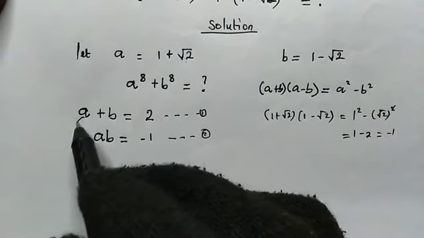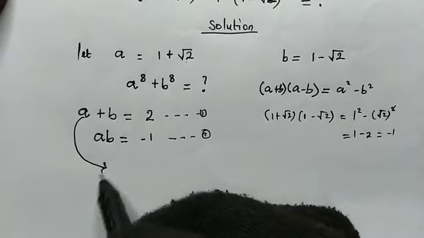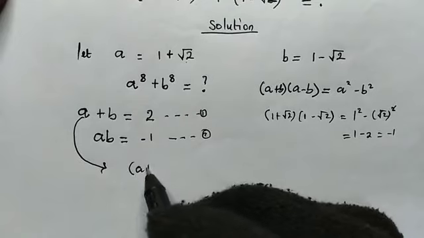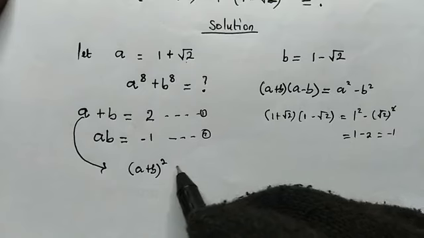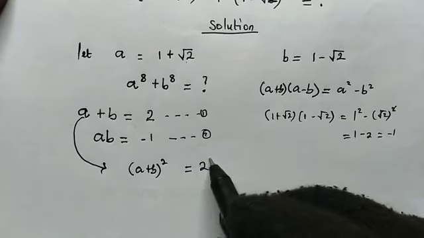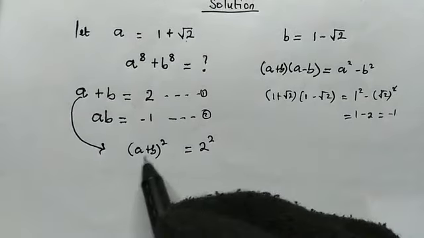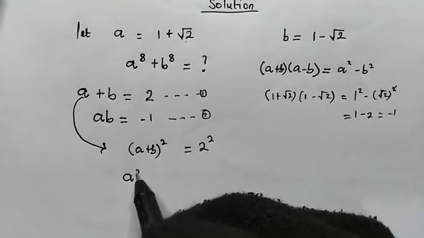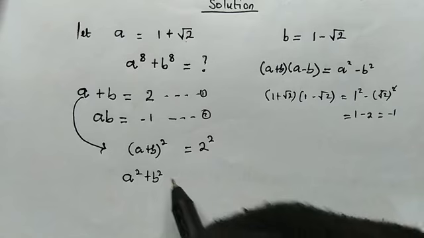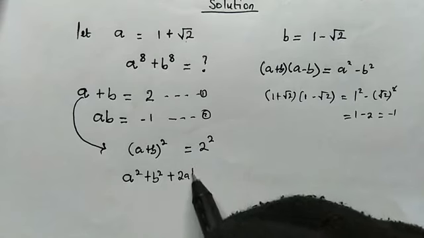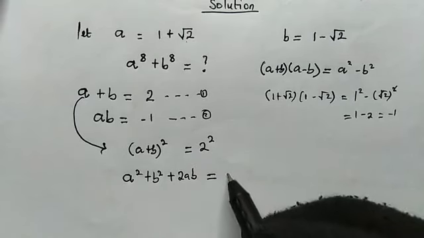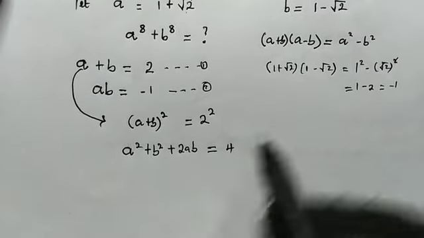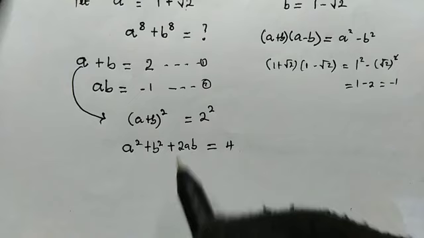Now from equation 1, let's square both sides. (A + B)² will be equal to 2². From the left hand side, that will be A² + B² + 2AB, equal to 2², which is 4. Now, remember, AB is equal to negative 1.